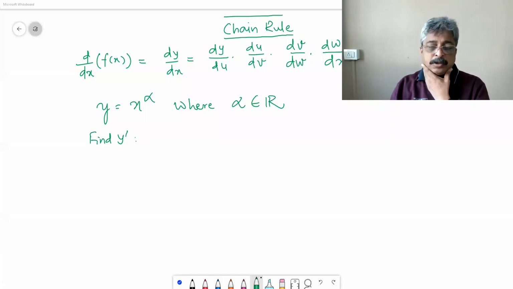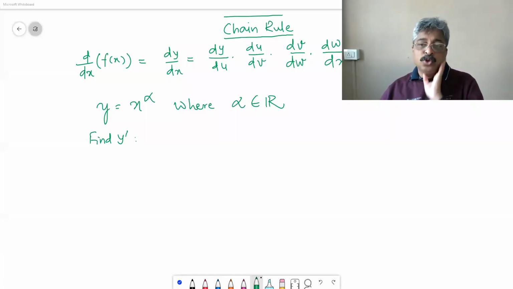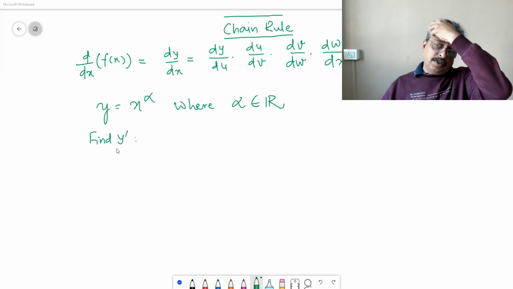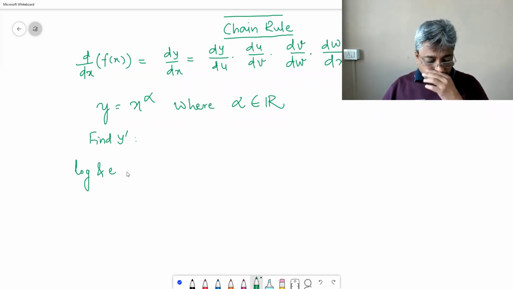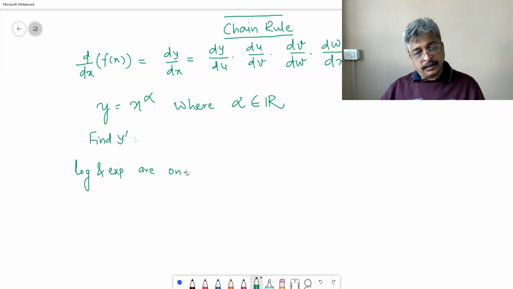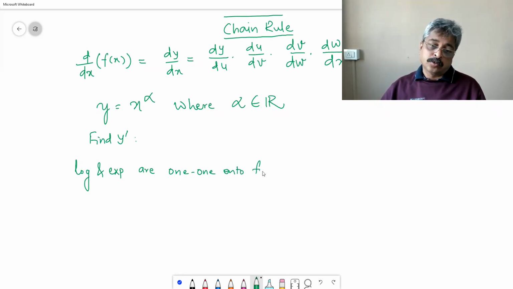The trick here is we make use of log and exponential functions, which are inverses of each other. Log and e. Log and exponential are one-one functions.